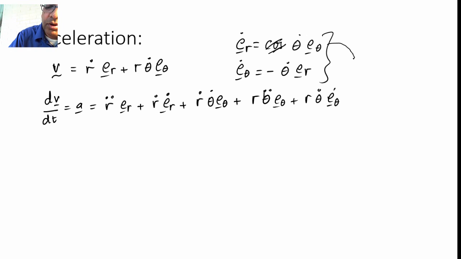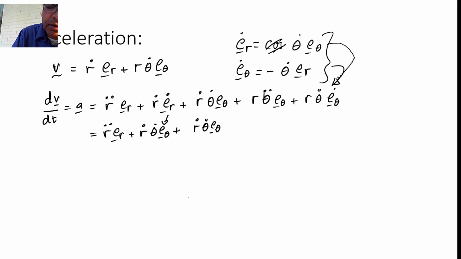Now substitute these two into this, and you will get r double dot e_r plus, now what is e_r dot? e_r dot was theta dot e theta. You will get r dot theta dot e theta, that's this guy, plus r dot theta dot e theta, that's that guy, plus r theta double dot e theta, that's that guy, plus r theta dot times minus theta dot e_r.